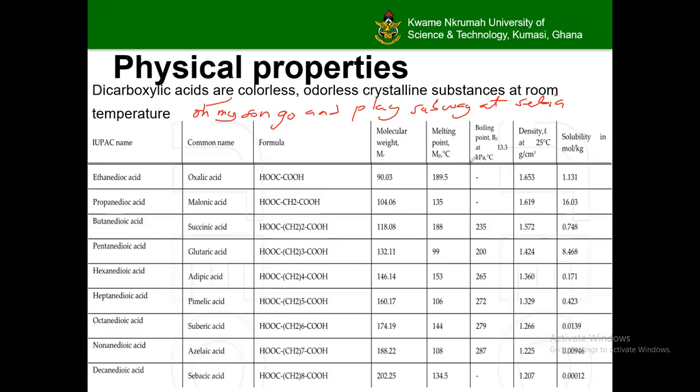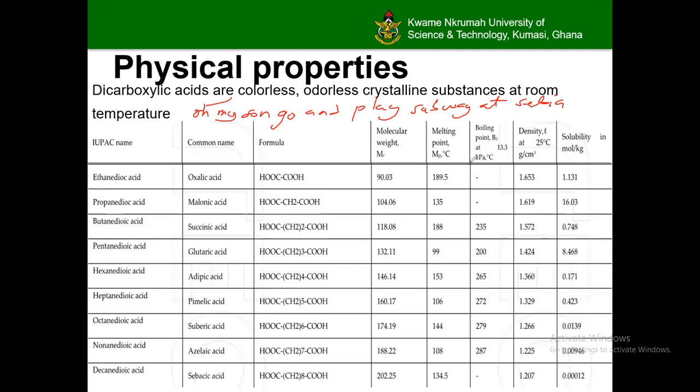So that is for even. Now, the odd numbered ones have poor arrangement. Once they have poor arrangement, the extent of bonding is reduced. Once the extent of bonding is reduced, it is easier for you to break them apart. So that is the reason for the melting point, right?